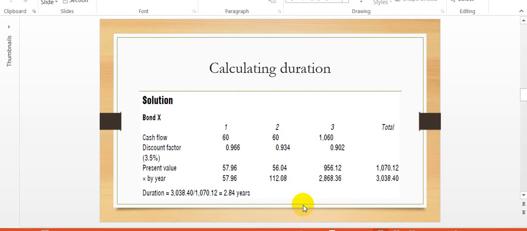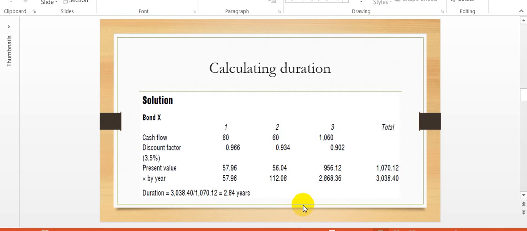You then add the figures to get you 3,038.40. Then we go to our last step.